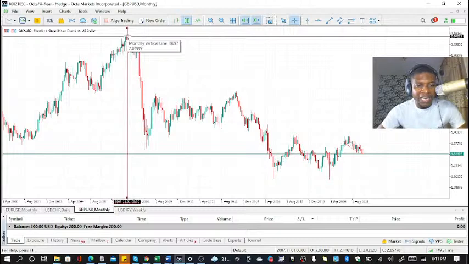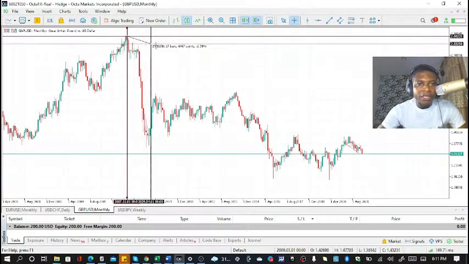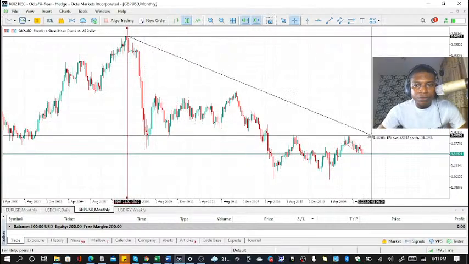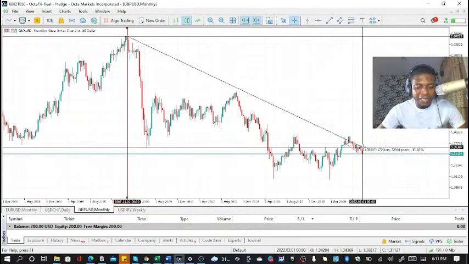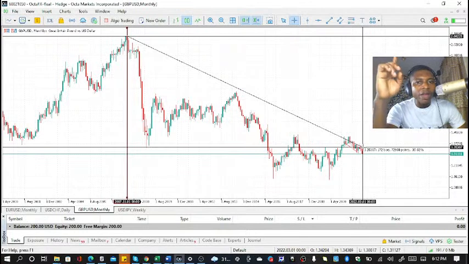It is telling us that from 2007 down to 2022, which is this month that we are in, the pounds USD has been bearish.